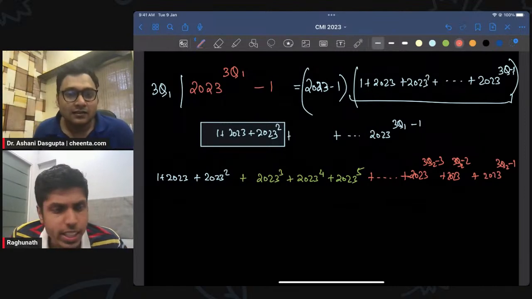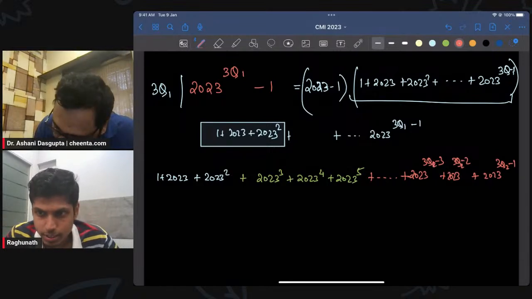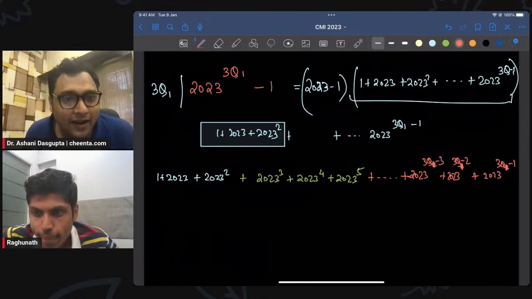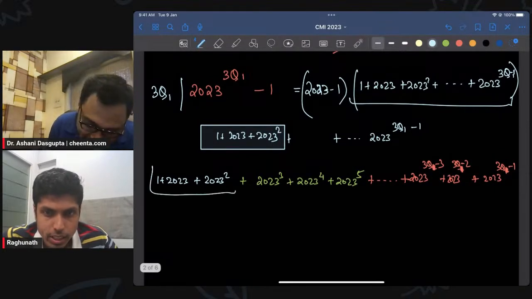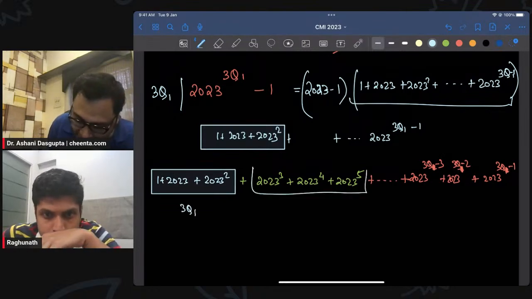So let's keep it as q1 only, right? This is q1, that is right. So now each of these pieces is divisible by 3q1. You can check.